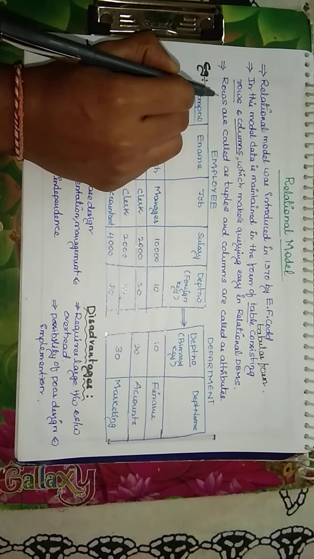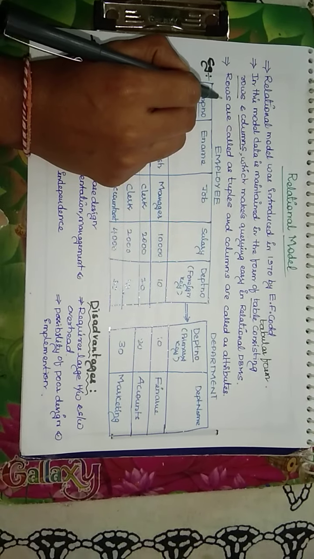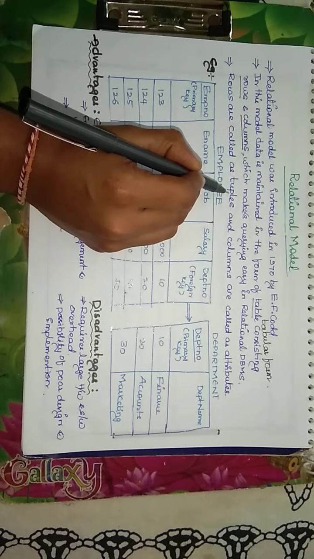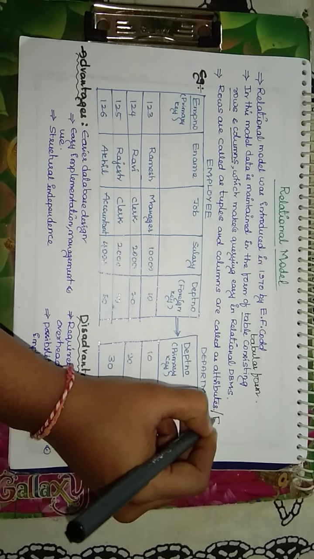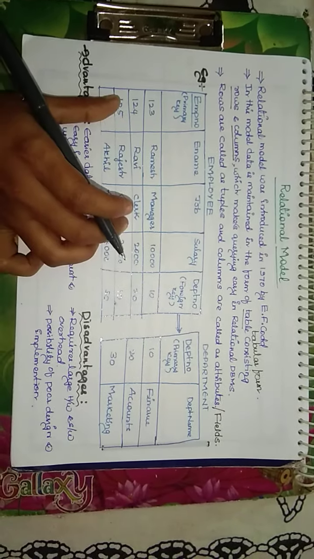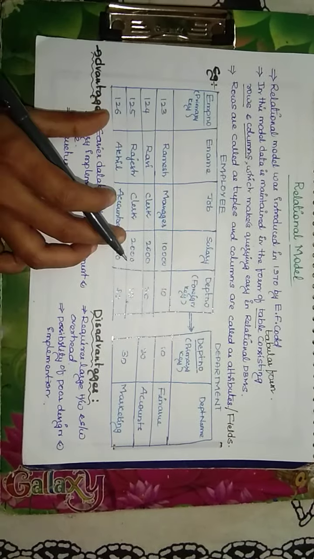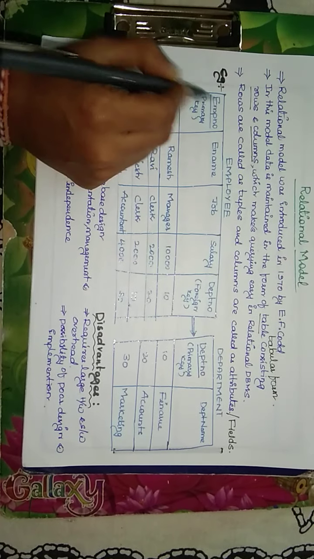Here the tabular form consists of rows and columns, but the terms are different. Rows are called tuples, and columns are called attributes or fields. If you see this example, employee is one table and department is another table.